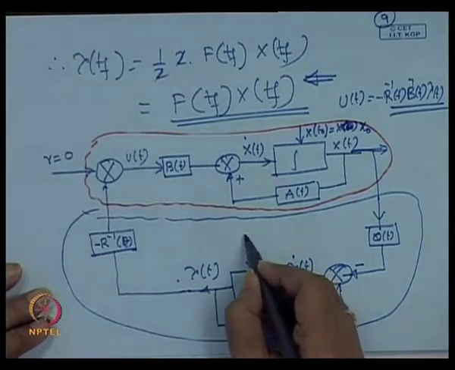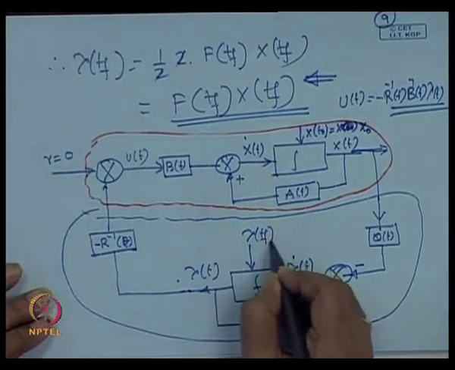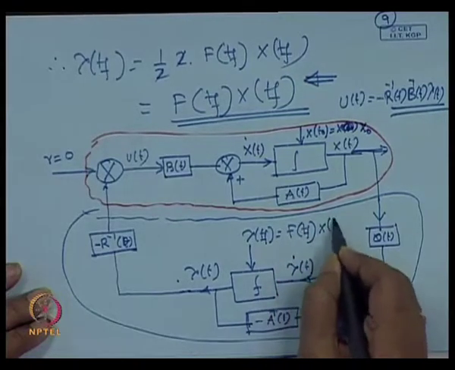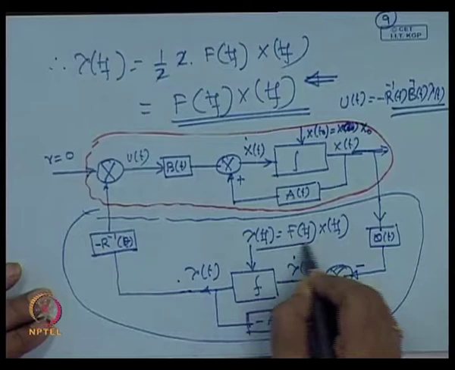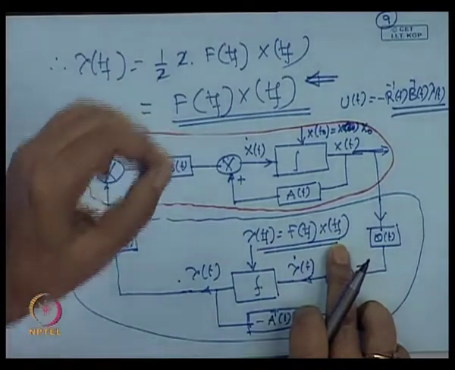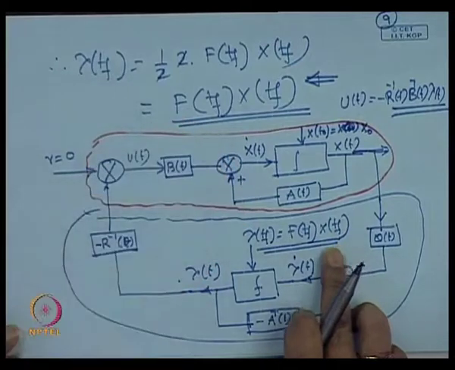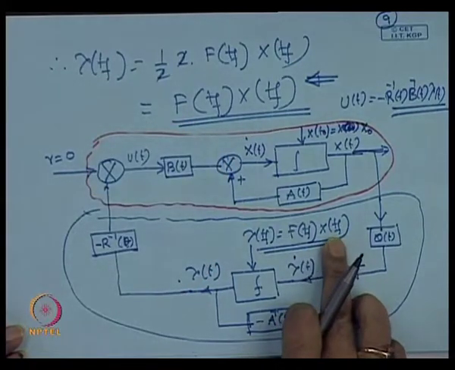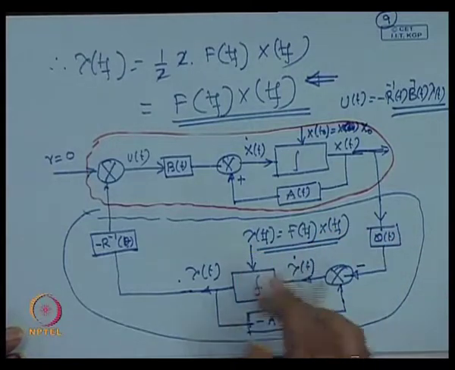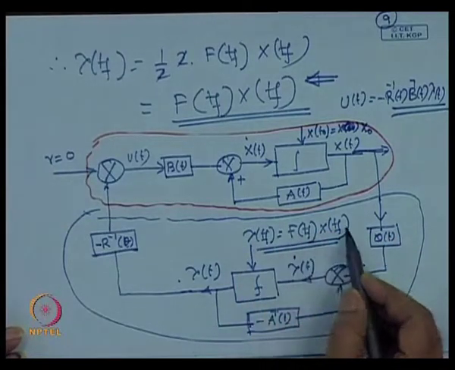That means we know lambda T f is equal to F T f x T f, because we know x T f, where we want to keep the final state near the origin, near our 0. So, x T f is F T f, that one.